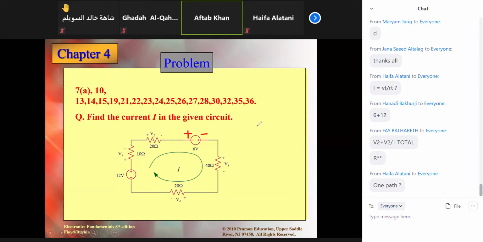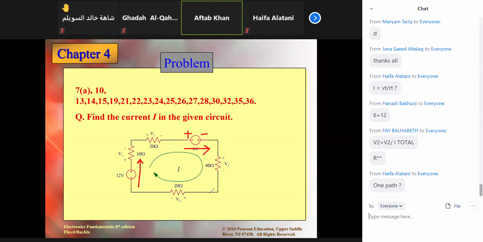So this is not the correct reason. You add them because their polarities are like that when I am going through clockwise: negative positive, negative positive.